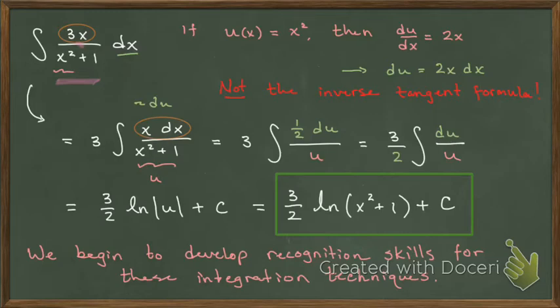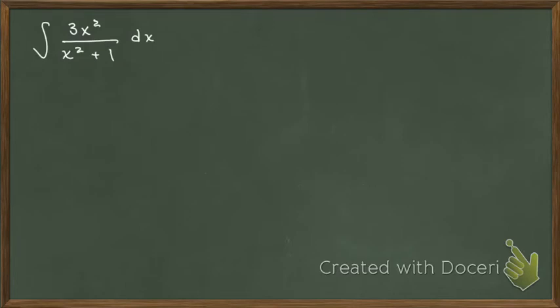Let's do another example. I've got something very similar, and you'll notice that I've just added an extra exponent here in the numerator. Instead of before, I had a 3x, now I have a 3x squared. So the first thing we try is probably the same thing. If u is x squared plus 1, du is 2x dx, same as last time.